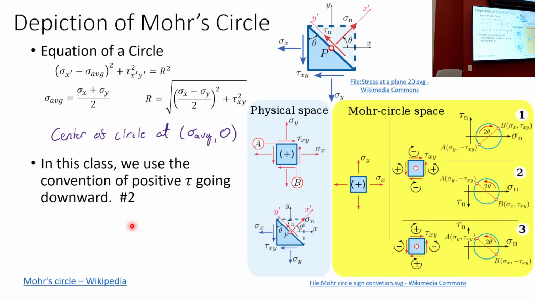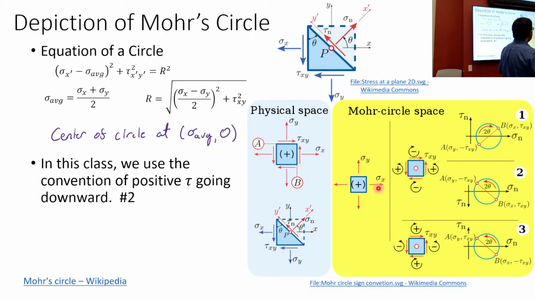I'm sorry, say that, Paul? Okay, so this cool figure is saying that you can have different types of conventions for the state of stress. So first, these two, all three conventions use positive normal stresses coming out of the face, right? So we all agree that that's going to be positive.